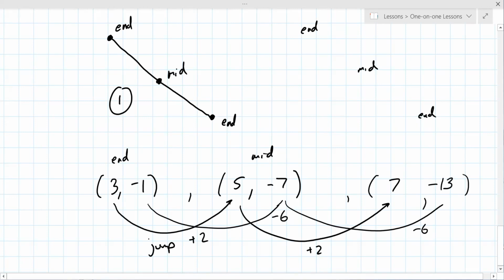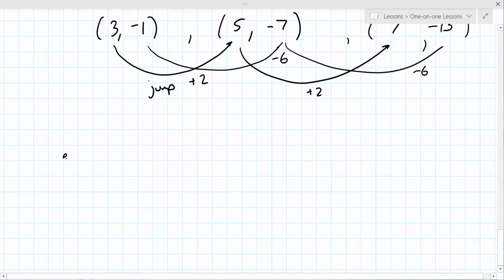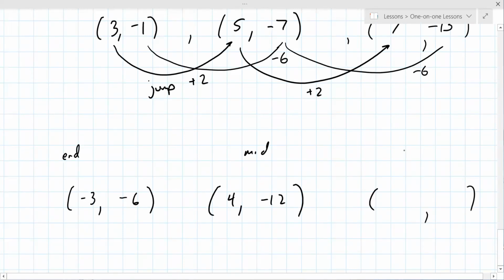Okay, so let me give you one here. The endpoint is -3 comma -6, and the midpoint is 4 comma -12. Go ahead and find that other endpoint, please. 11 minus 18.